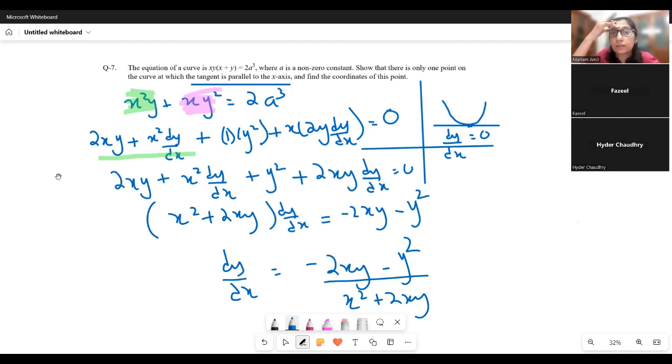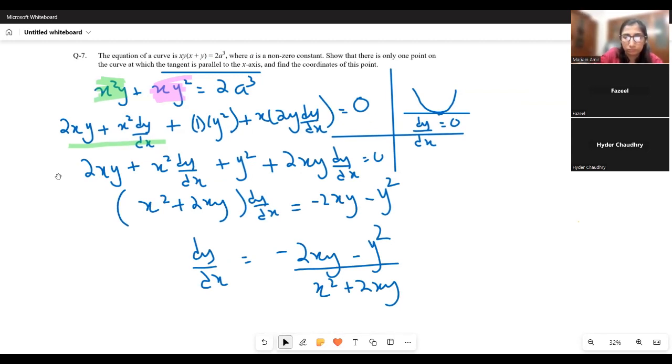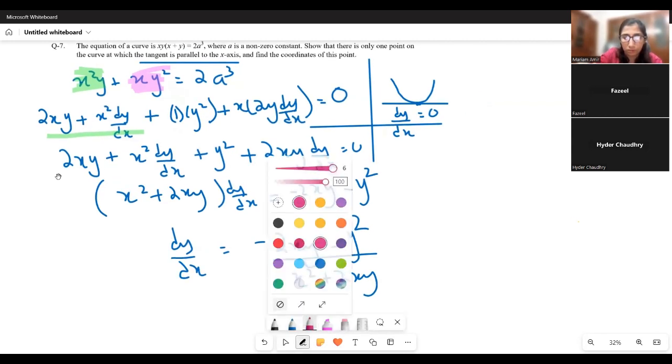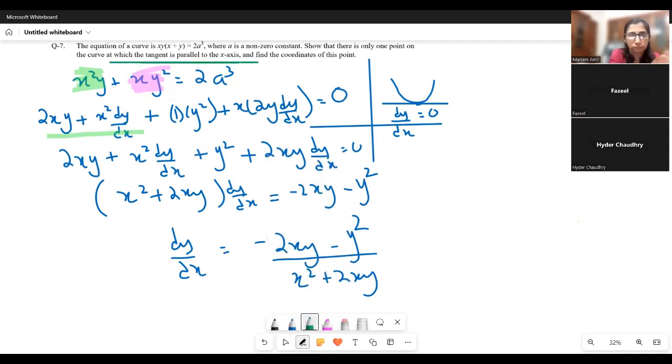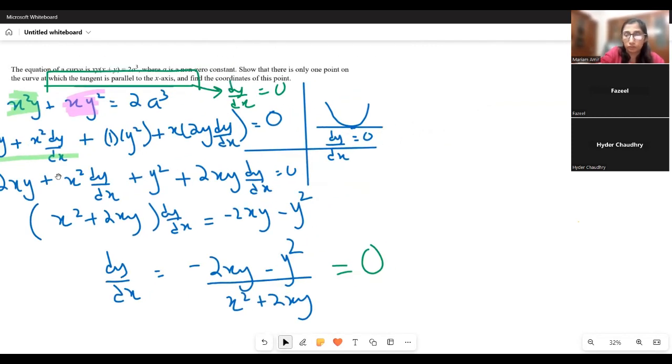Says that the tangent is parallel to the x-axis, that means the gradient is 0. So whatever expression we got for dy over dx, equate it to 0. So that means the numerator is equal to 0.